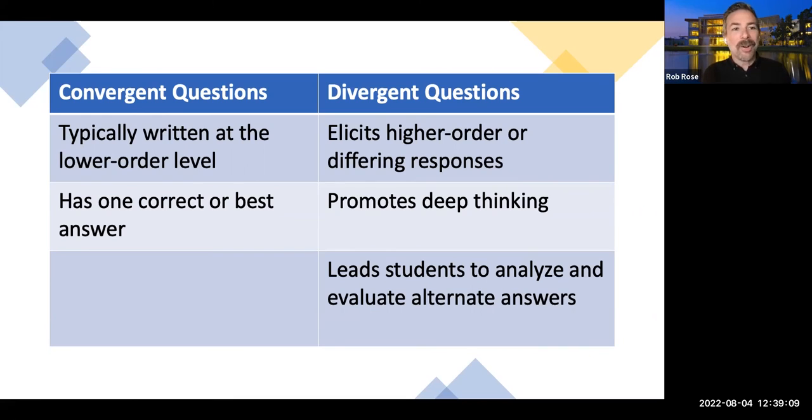If we come back to our example of Of Mice and Men, questions that would generate divergent responses that are more likely to lead to good conversation might include a question like, was George's act to kill his friend morally justified? Why or why not? Students are not going to come to the same answer here, and that's okay, right? It's more about how the conversation ensues in response to that.